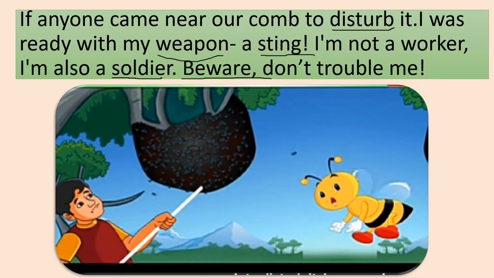Don't trouble me, underline trouble. Now the young bees had to feed them and protect them. If anyone came near and disturbed them, then the young bees fight with the weapon called sting. A sting is the sharp, pointed part of the body.